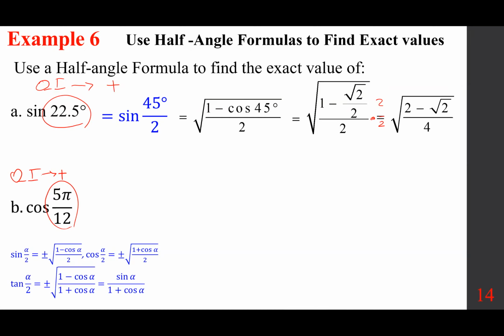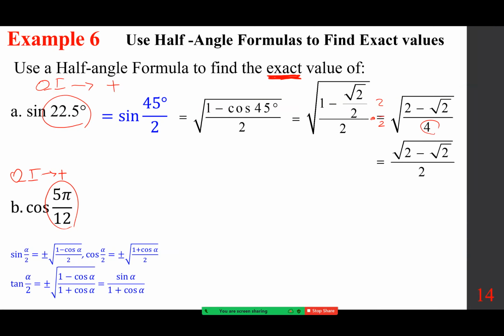And this 4, I can bring it out as 2. And this is the exact answer. Exact answer: square root of 2 minus square root of 2, over 2. So this square root of 2 is inside this square root.